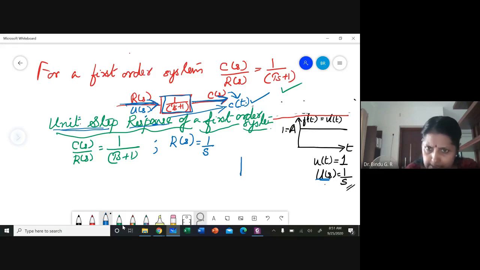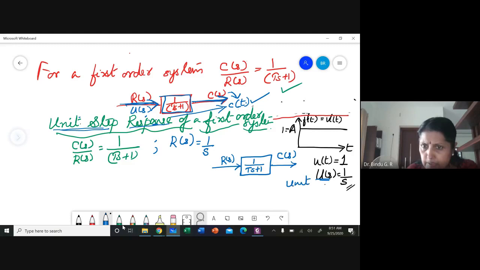Now, this is the first order system transfer function. I have an input R(s) and I have an output C(s). If I am asked to find out the unit step response, it simply means that my input is unit step and I want to find out how the system responds, or the output of the system.